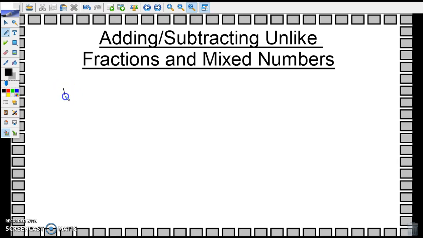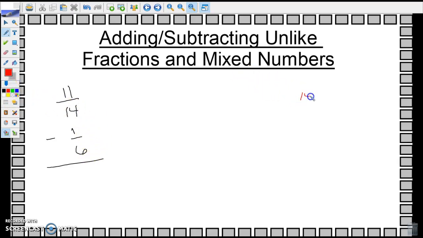I'm going to look at 11/14 minus, again, 1/6. Okay? So looking at my denominators, they do not have the same number of equal parts, so I have to get a common denominator.